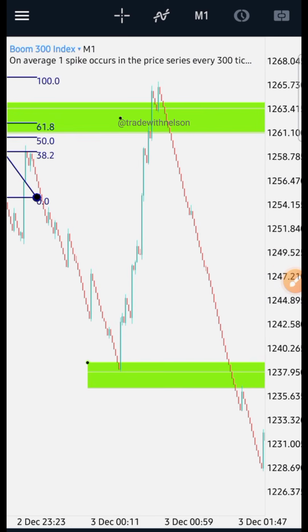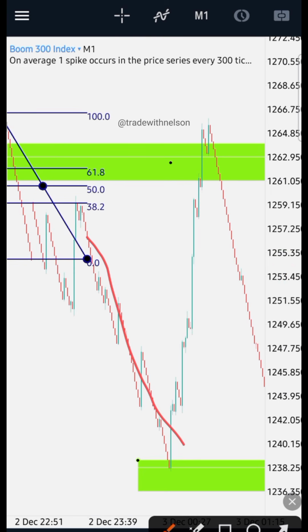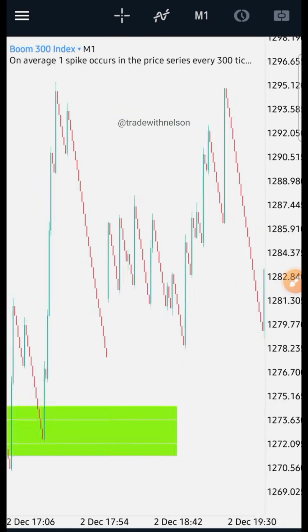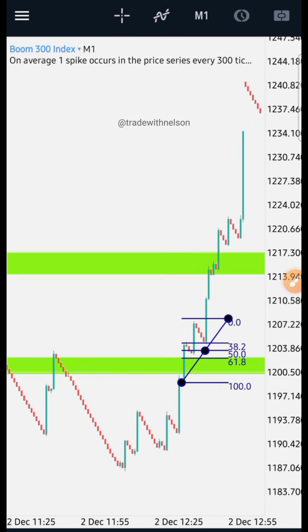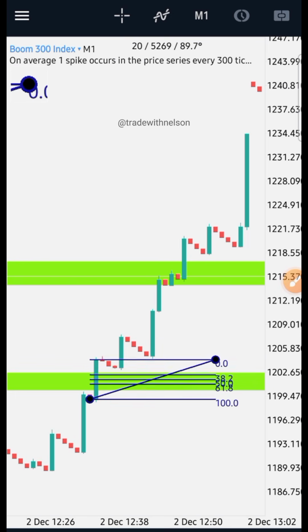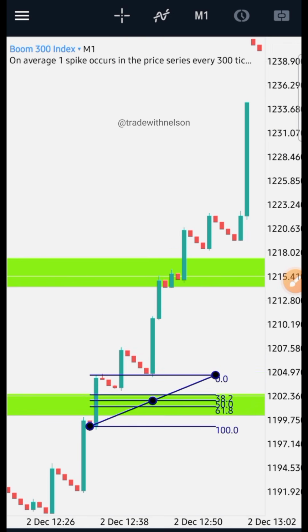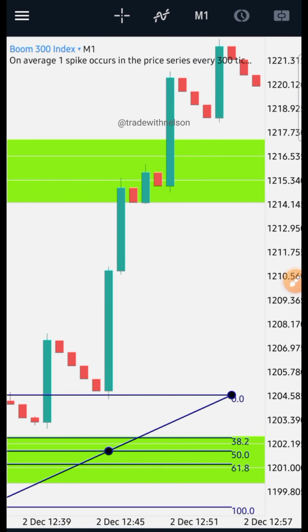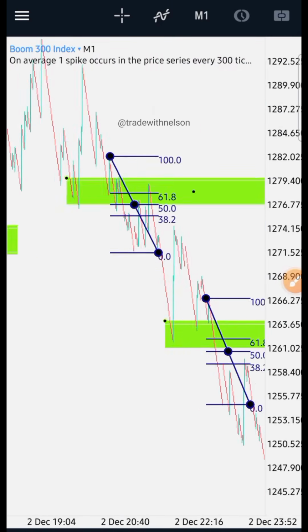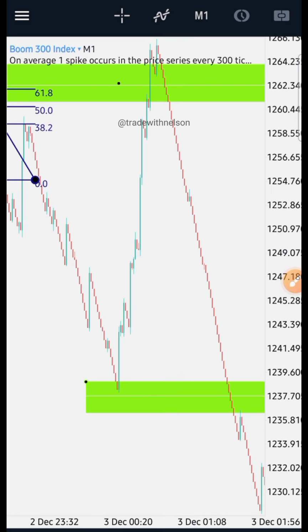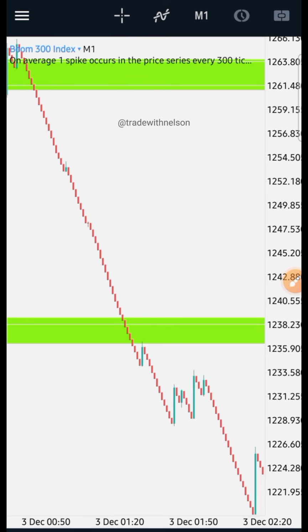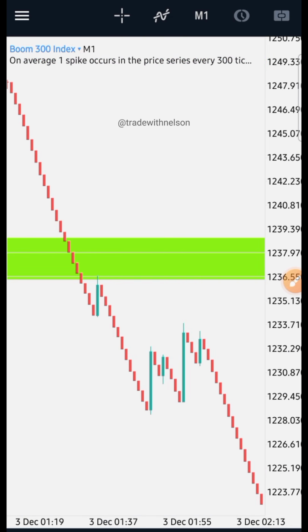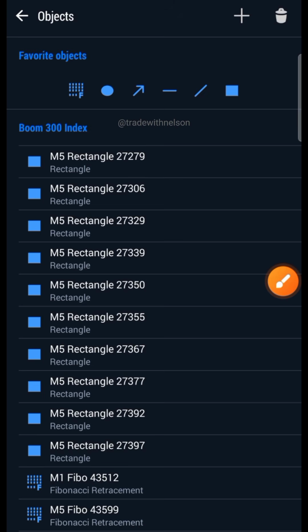So if you look over here, it goes down immediately, like the one I first showed you guys, which is this one. You see that if you take from this zone to this zone, the market did not enter the 38.2 level over here, but here it enters nicely.